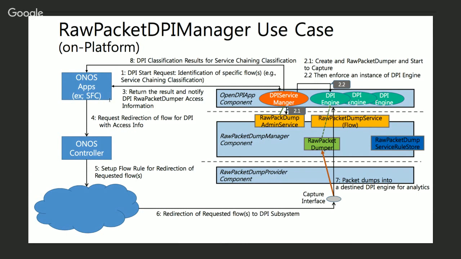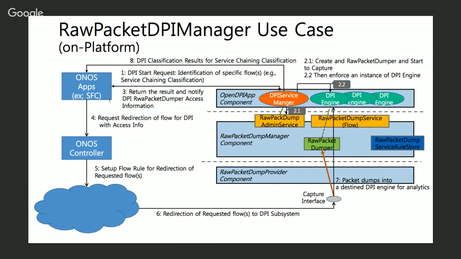Then what the DPI service returns to the application is the raw packet dumper's interface information. The ONOS application knows where the source and destination of that particular application flow are, which it is interested in for DPI.